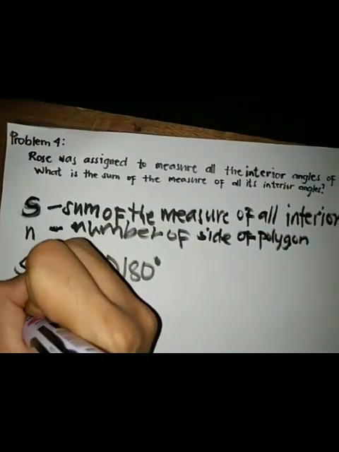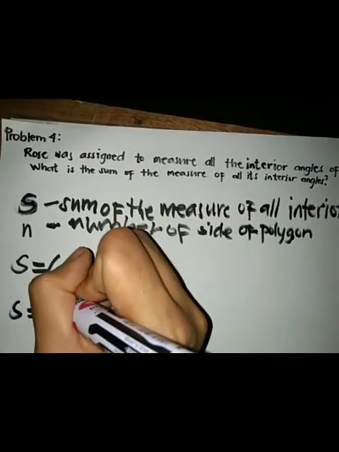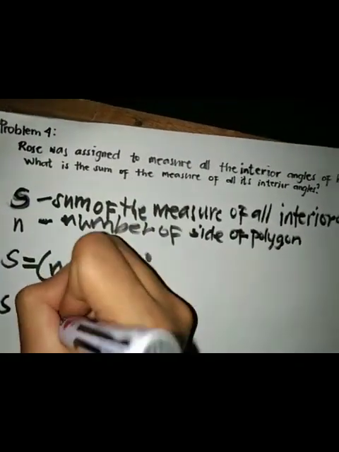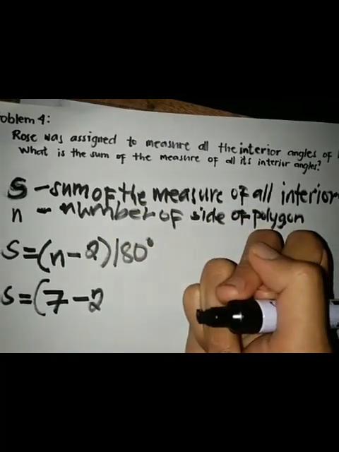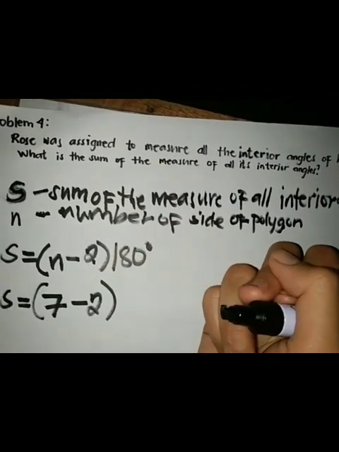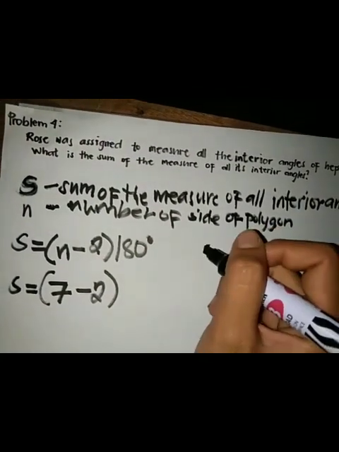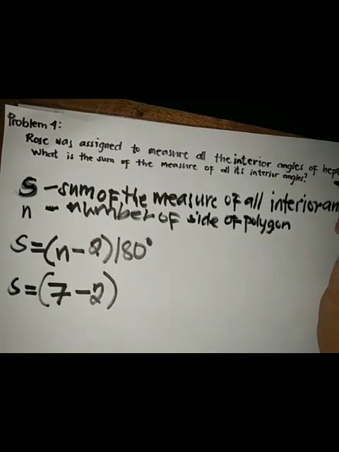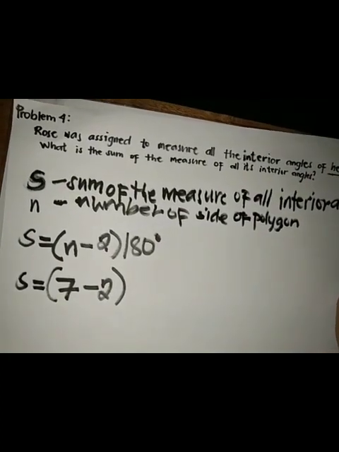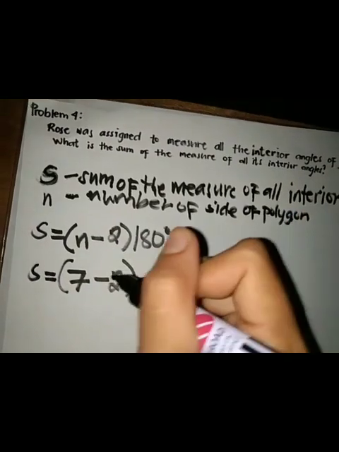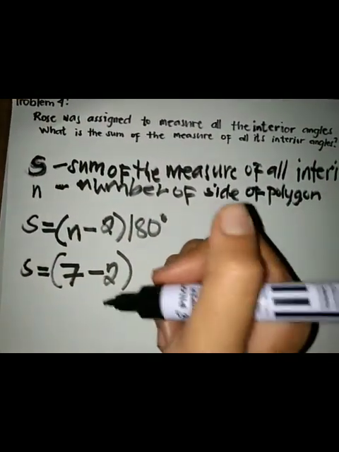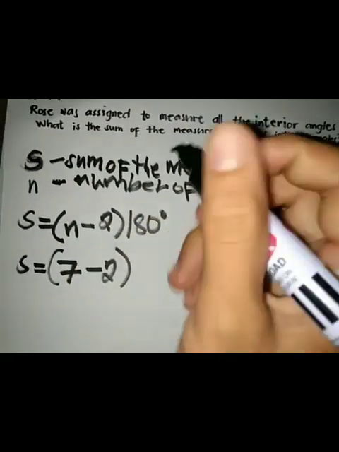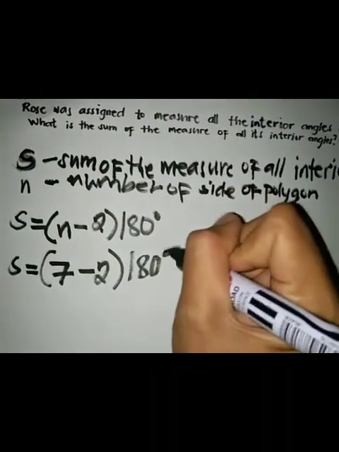Substitute: S equals n is 7, minus 2. Why 7? Because the heptagon has 7 sides. So we put here the number of sides of the polygon, which is 7, times 180 degrees.